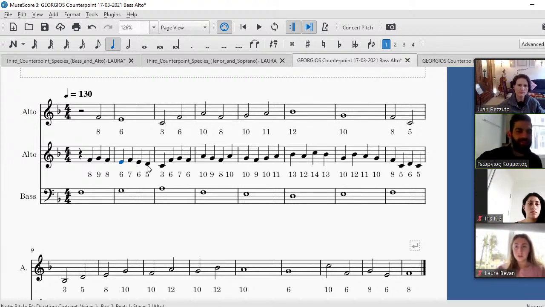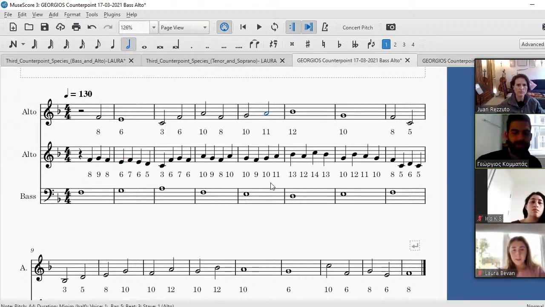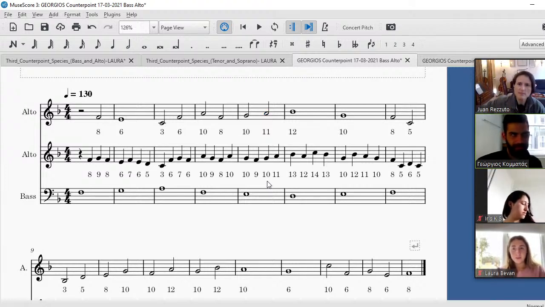Actually, I wasn't sure about the passing notes. On the fifth bar, I included the passing note, but I wasn't sure. This one, yes, the A. I put it there in the reduction. I wasn't sure. Do we consider them? I'm not exactly sure what the reduction is, why we use it, and how it affects the normal counterpoint. But in any case.